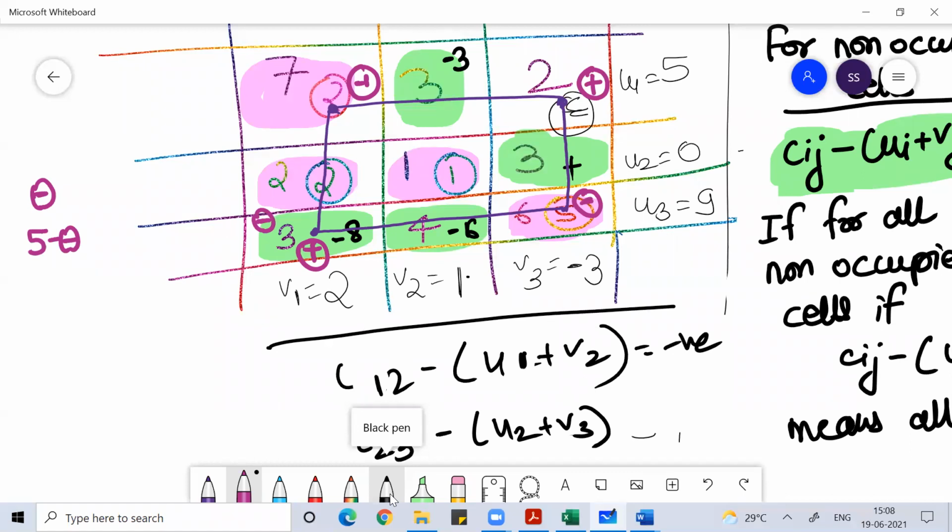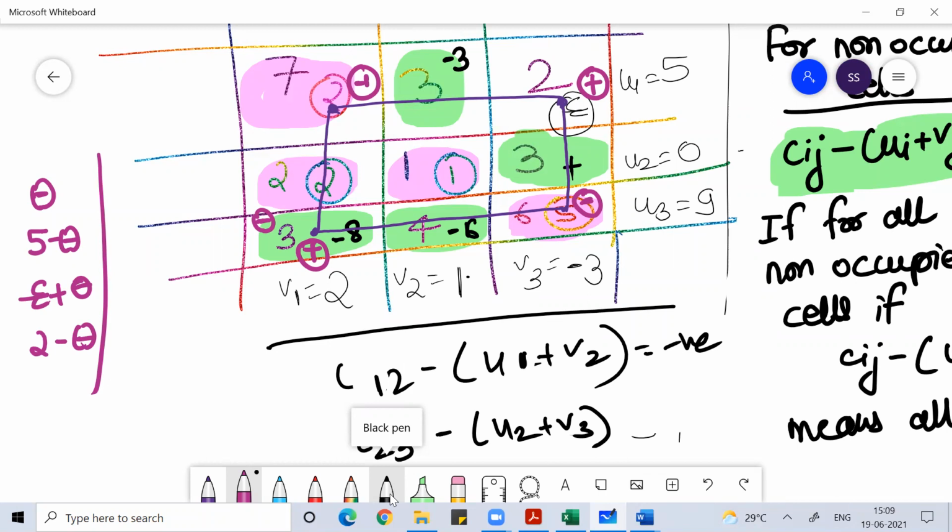The allocation of that cell was 5, and because we put a minus sign, we write 5 minus theta. This will be epsilon plus theta, and this value will be 2 minus theta. Then out of all the negative theta values, see which value you can give to theta.